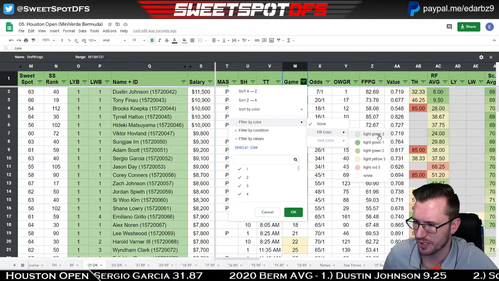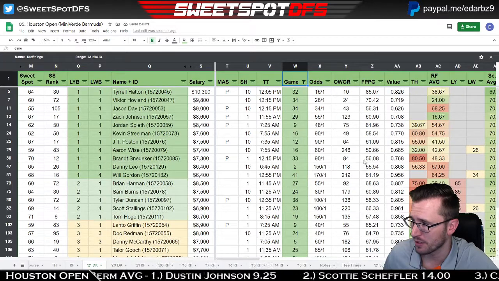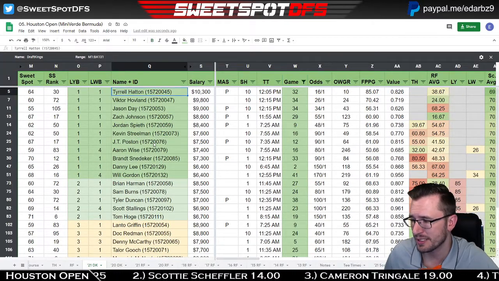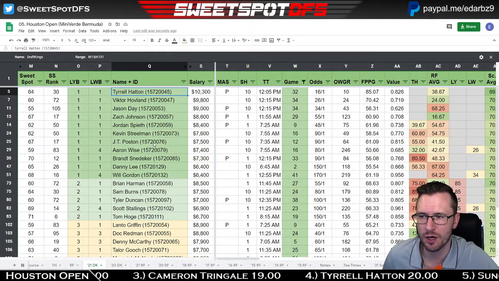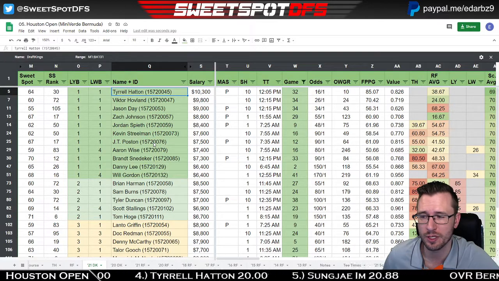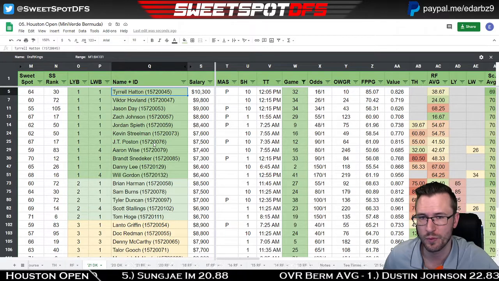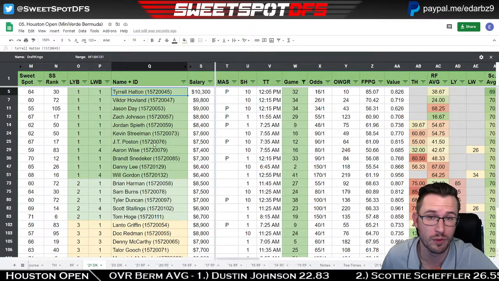I guess we can go to the next light green color, which is a bigger player pool. The reason the color isn't as dark is because they either aren't under field average for recent form scoring average, or they aren't under field average for season-long scoring average. But the rest of the golfers in their group have one or the other or both.